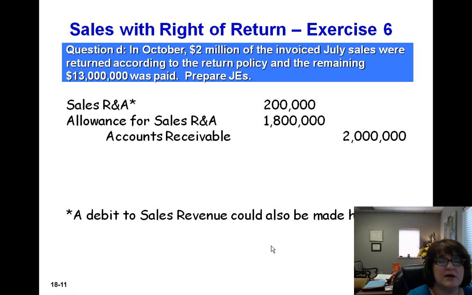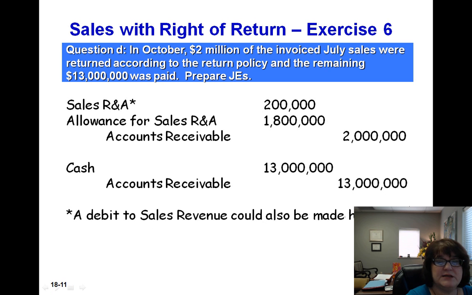In addition, again, you could make that debit to the sales revenue account directly, rather than sales returns and allowances. In addition, we'll recognize that we've received our $13 million payment for our accounts receivable, increase our cash, decrease our accounts receivable, and call it done.